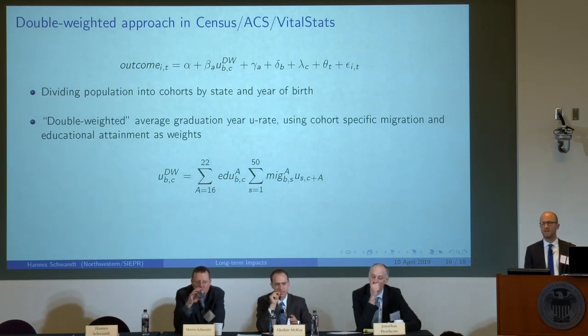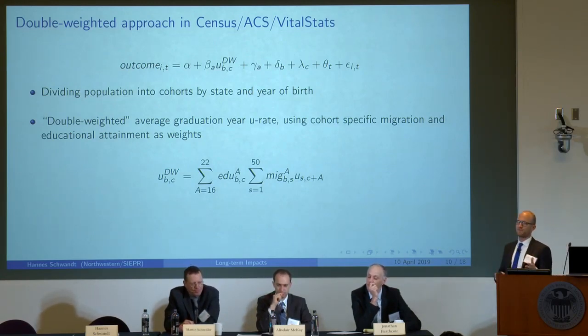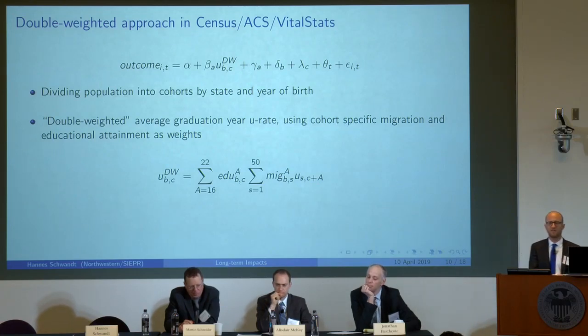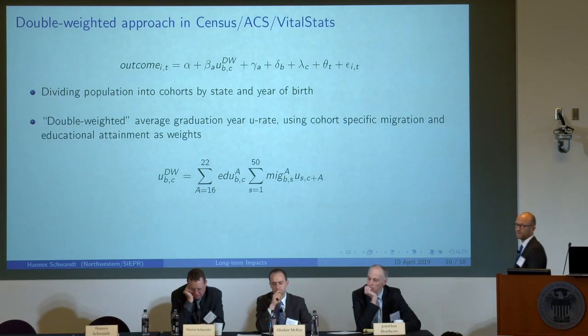So for example, let's say that the 1960 Minnesotan birth cohort, let's just assume 50% of that cohort gets 18 years of education, 50% gets 20 years of education, and let's also assume that half of the cohort migrates to Wisconsin before completion of education.